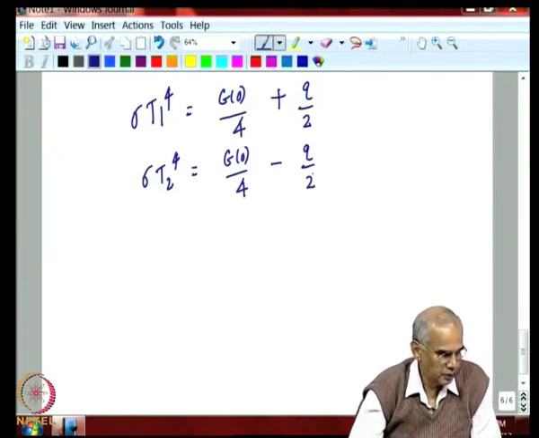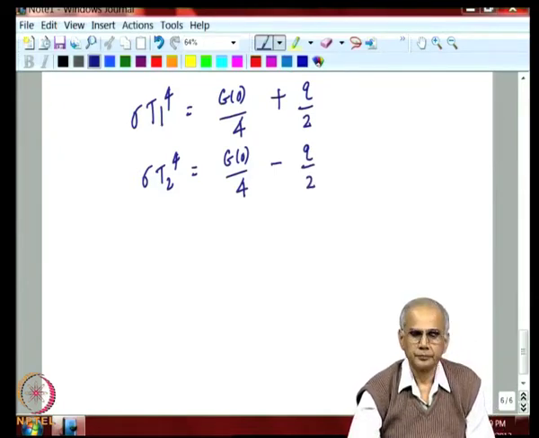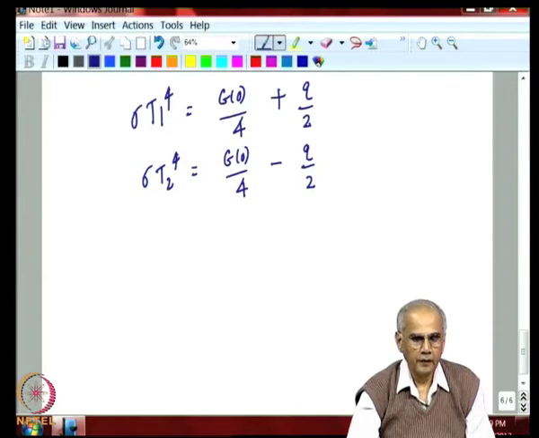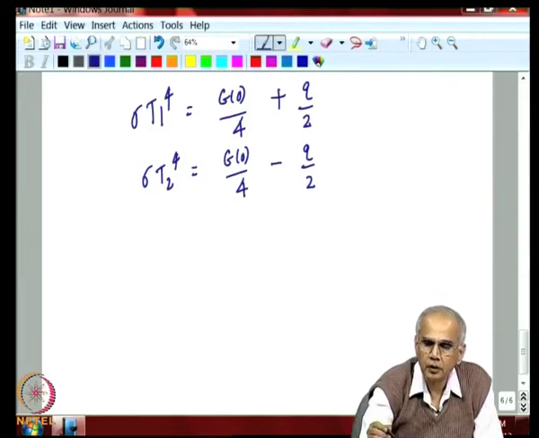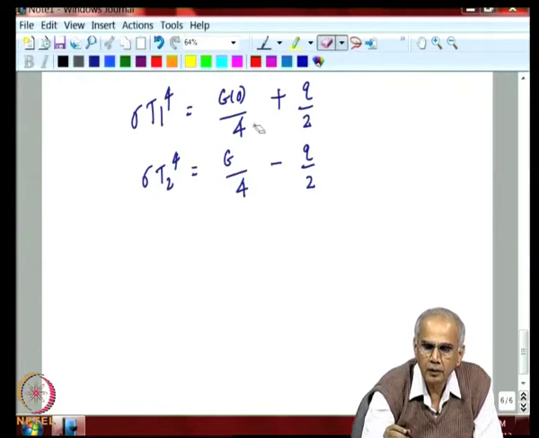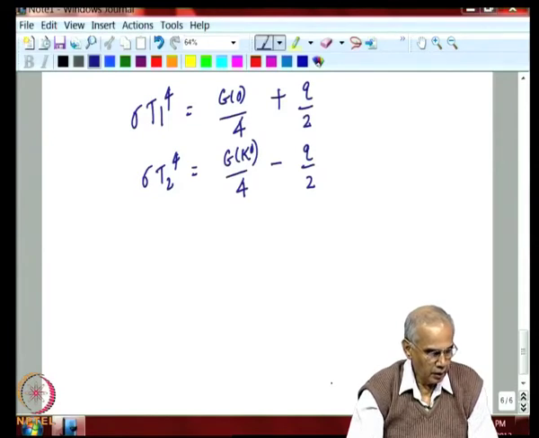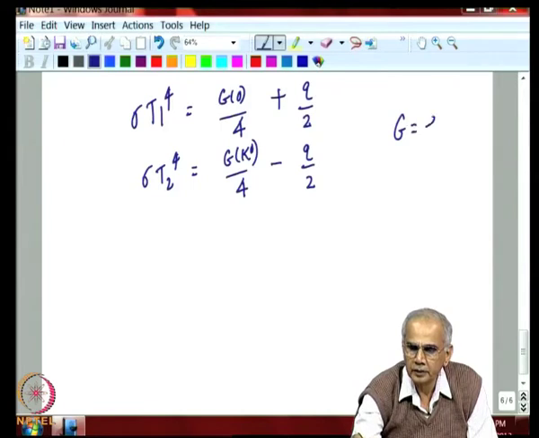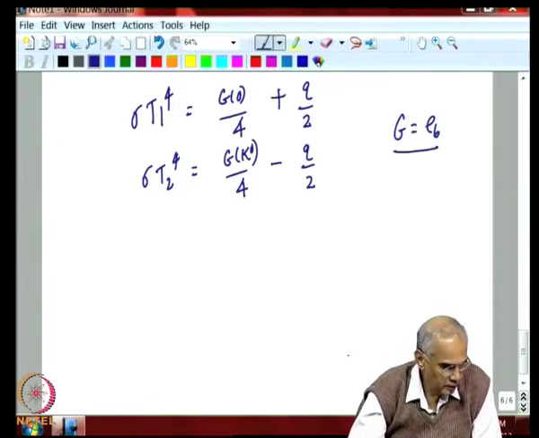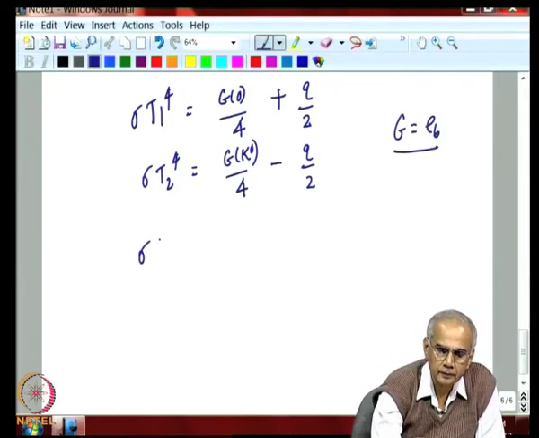This we know from the boundary condition, here G of the top layer. Now, we know that G is equal to E b, that is the condition from radiative equilibrium. So, this can be written accordingly.